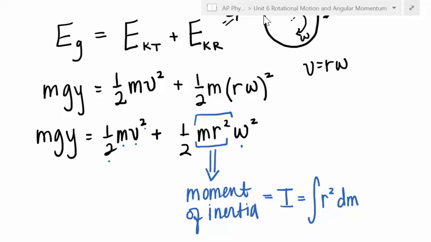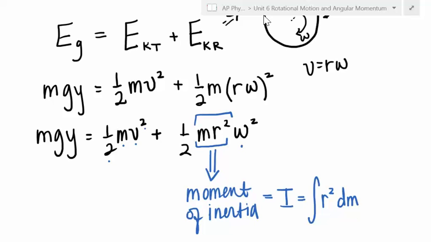If there is a linear or translational acceleration, there's an angular acceleration. If there can be translational kinetic energy, there can also be rotational kinetic energy. So for every linear or translational value that we've learned this year, there's a rotational analogy.